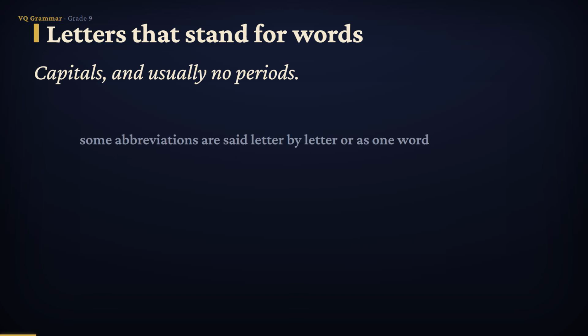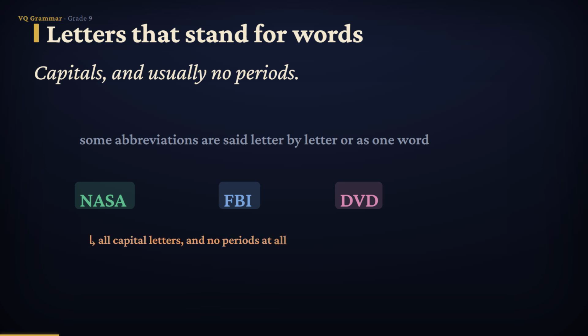Some abbreviations are pronounced letter by letter, or as a single word. Think of FBI. We say each letter, F, B, I. Or NASA, which we say as one word, like a name. Even a DVD on your shelf is one of these. For all of them, the rule is simple. Use all capital letters and no periods at all.